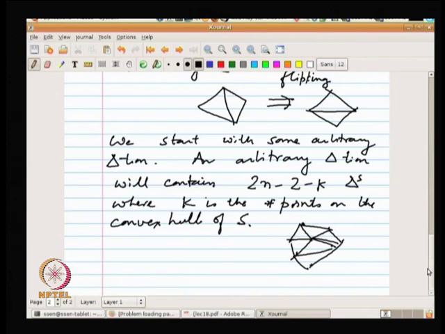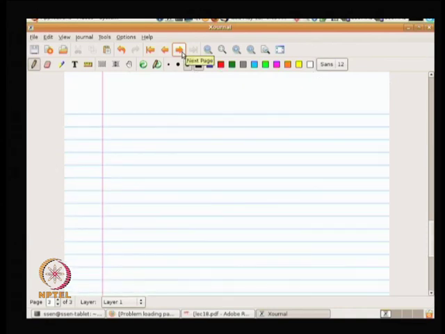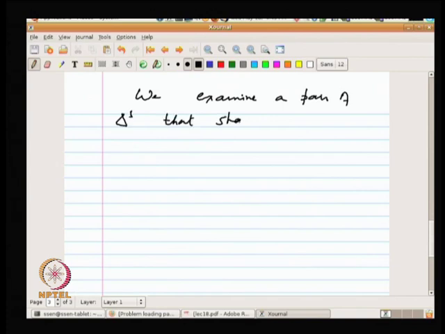So we start with an arbitrary triangulation, and then we do the following. We examine a pair of triangles that share an edge. These two triangles share an edge, T1 and T2.